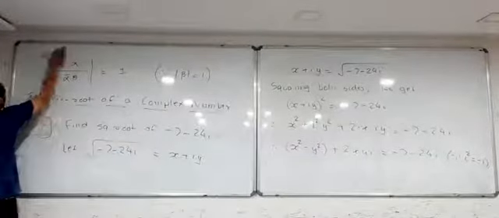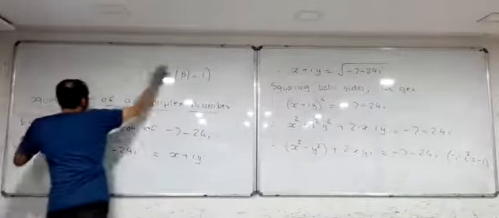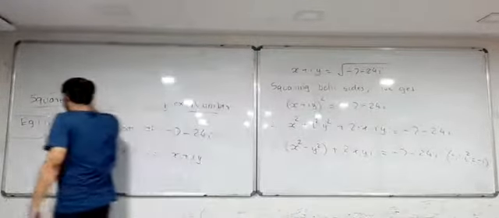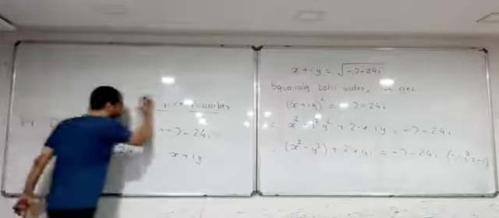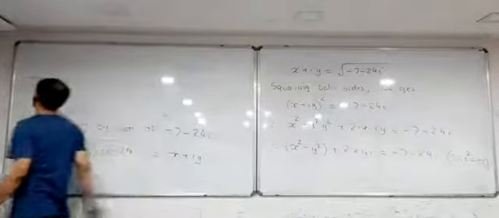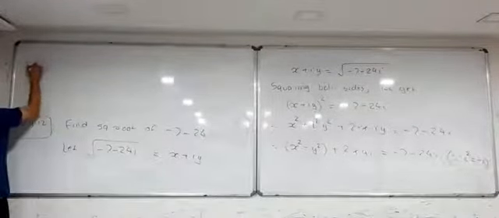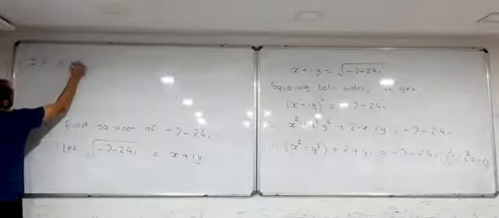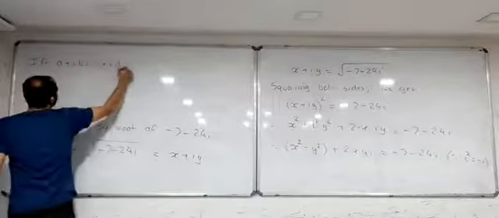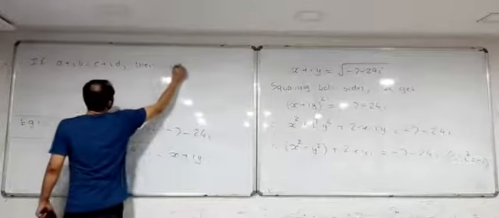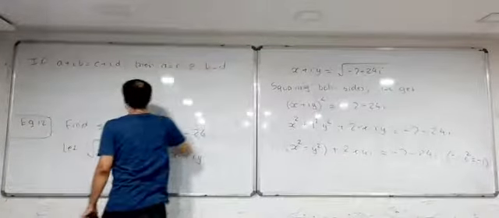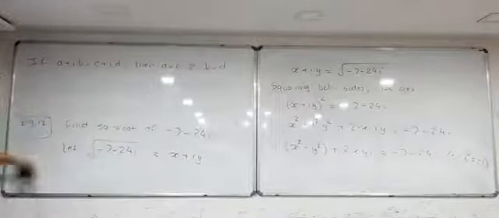Okay, now what has to be done? x और y ढूंढना है. Comparing the real and imaginary parts of both the sides. Simple. If a plus ib is equal to c plus id, then real parts are equal, a is equal to c and b is equal to d. Yes or no? Simple. So comparing the real part.